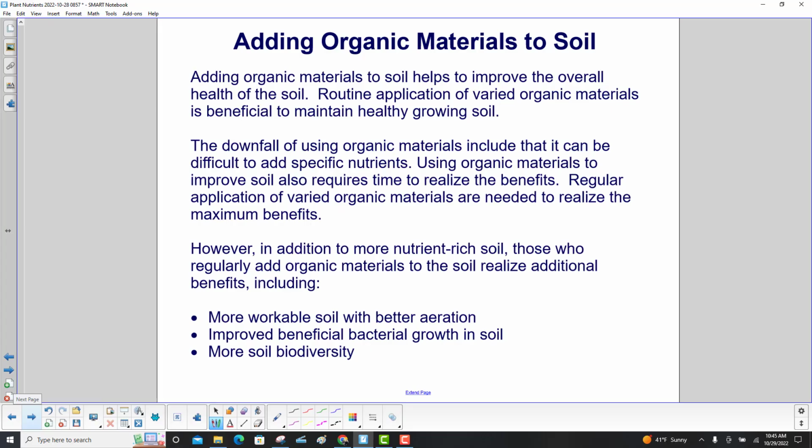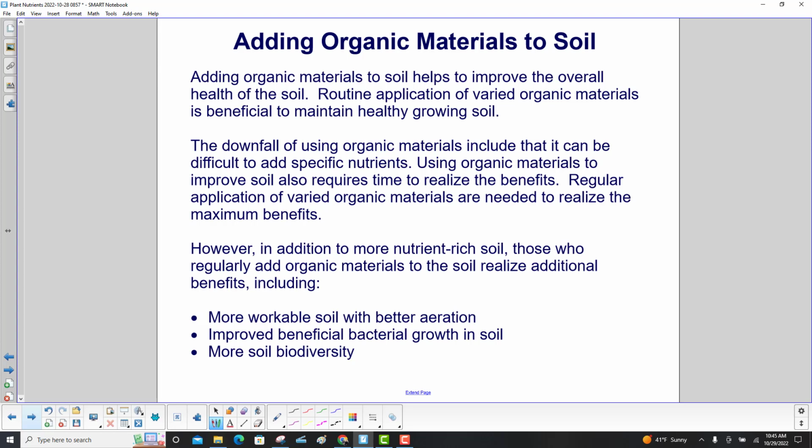Adding organic materials to soil helps to improve the overall health of the soil. Routine application of varied organic materials is beneficial to maintain healthy growing soil. The downfall of using organic materials is that it can be difficult to add specific nutrients. Using organic materials to improve soil also requires time to realize the benefits.